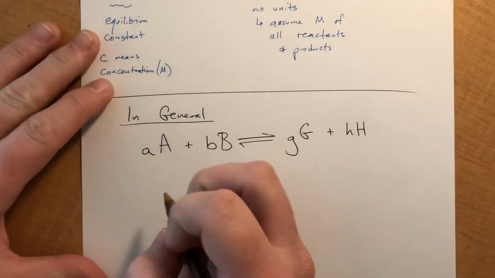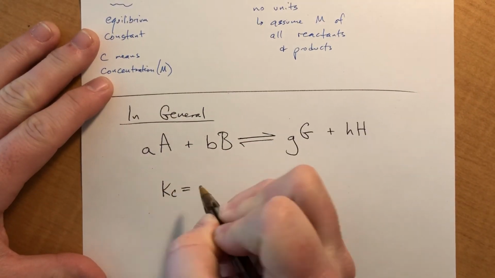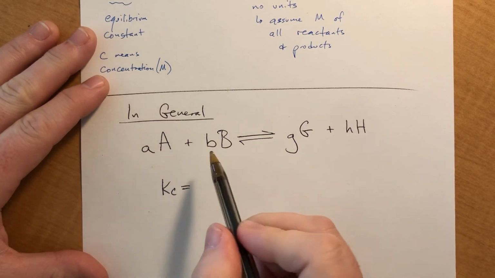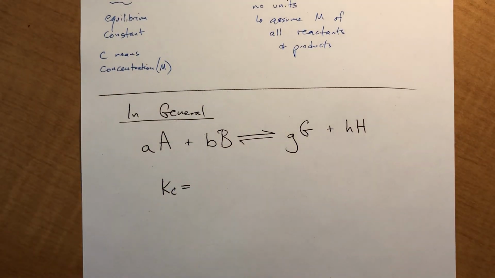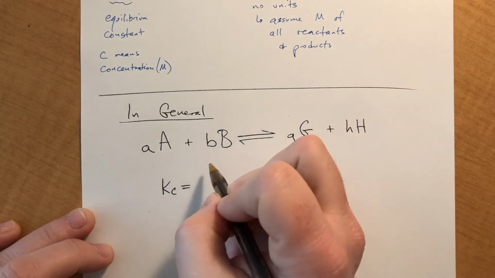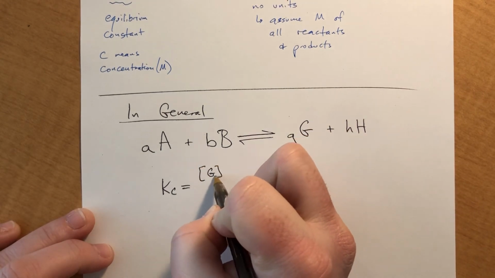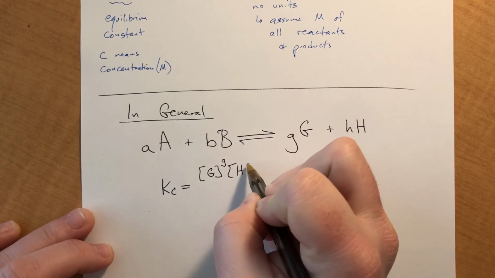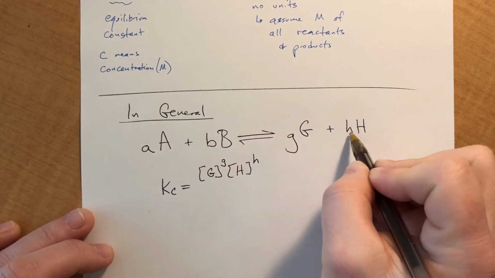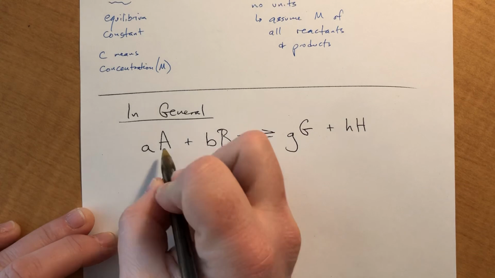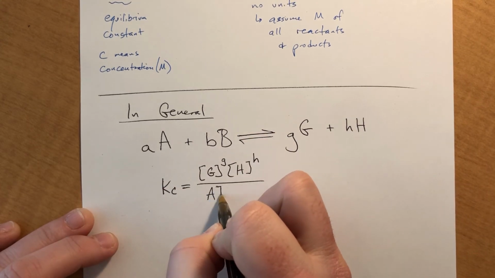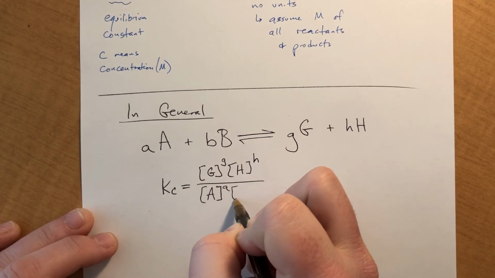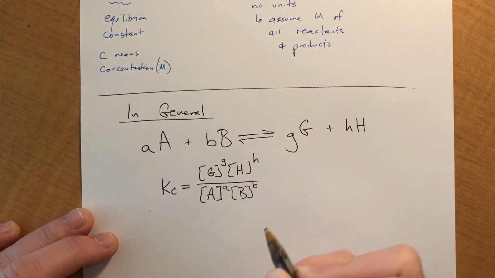The way this works is Kc is always the products over the reactants raised to their coefficients. So it'll be the concentration of compound G raised to whatever that coefficient is, times the concentration of H raised to whatever that coefficient is, divided by A raised to the a and B raised to the b.